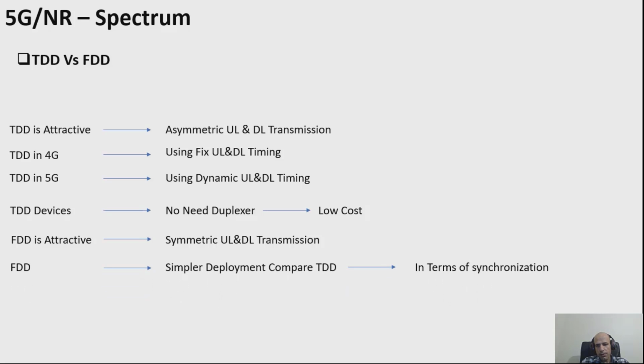FDD can be simpler to deploy in terms of synchronization requirements. In general, it's not necessary for neighboring FDD base stations to be time synchronized, but neighboring TDD base stations require time synchronization to limit the level of interference between the uplink and downlink transmissions.